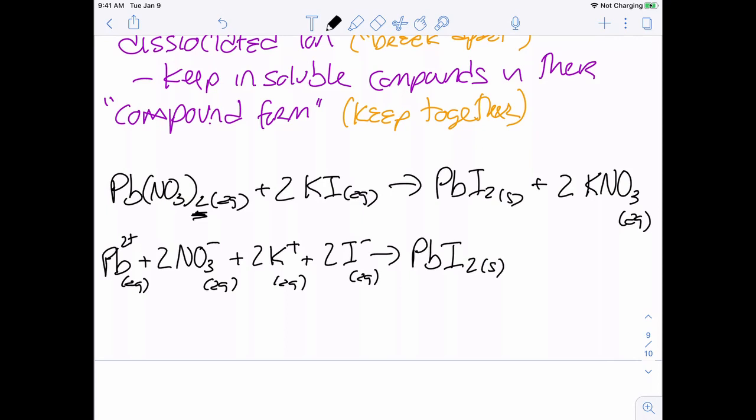So lead iodide, I kept it together. PbI2, keep forgetting the 2 on you. That I kept together because it's not soluble, right? It's insoluble. And then I have a 2 in front of potassium iodide. So I have 2 potassium ions, plus I have 2 nitrate ions. And those are both aqueous.